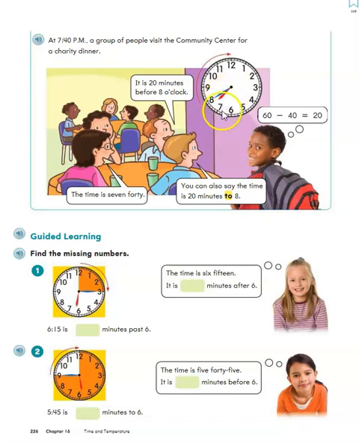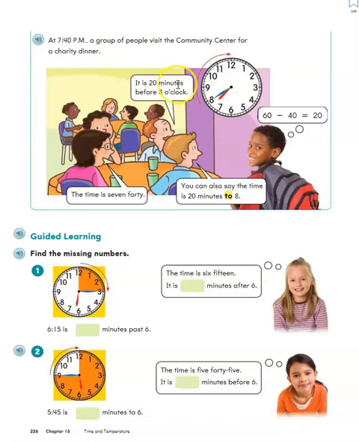It's in between the 7 and the 8, so that means it is still in the hour of 7, and our blue minute hand is on the 8. We know counting by fives, 5, 10, 15, 20, 25, 30, 35, 40. So this analog clock is showing us the time 7:40.